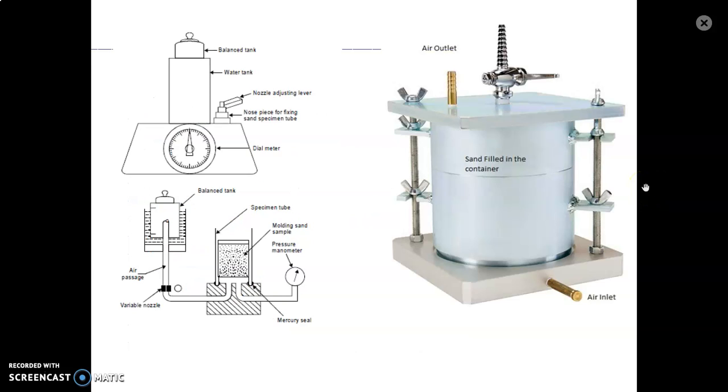This is the apparatus used to perform the permeability test. Here you can see the air inlet and air outlet. We apply air to the sand, and how much air passes through the sand gives you the permeability number. So this is a very simple instrument.